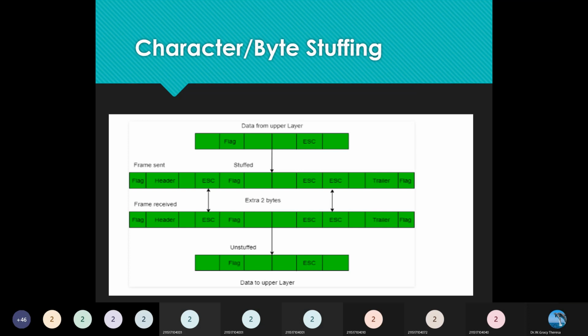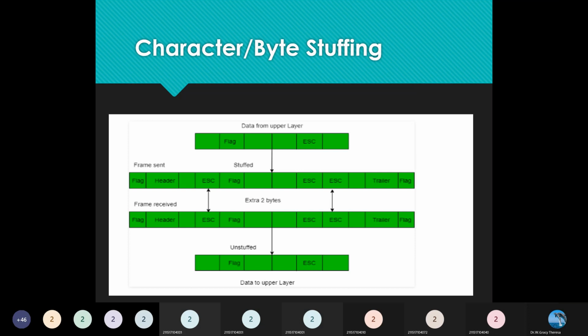So in front of the information escape, we stuff the same escape. When the receiver first encounters the escape, he knows that the next piece is information to be transmitted, whether it is an escape or a flag.